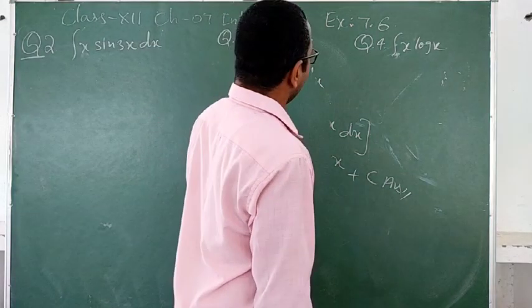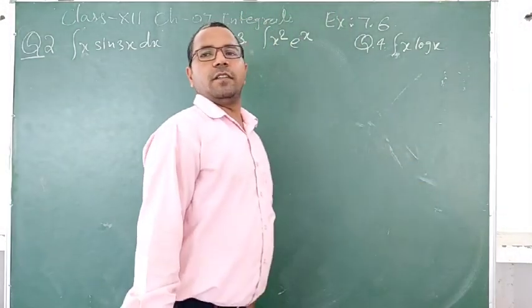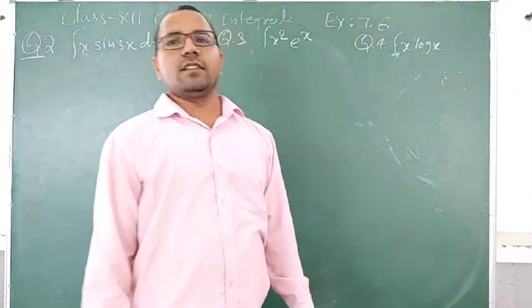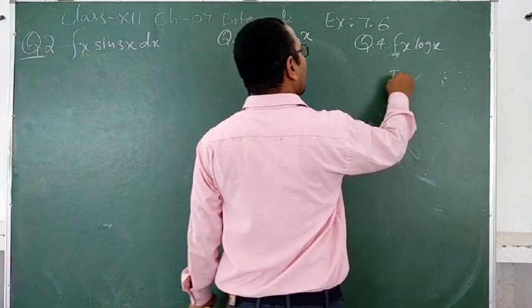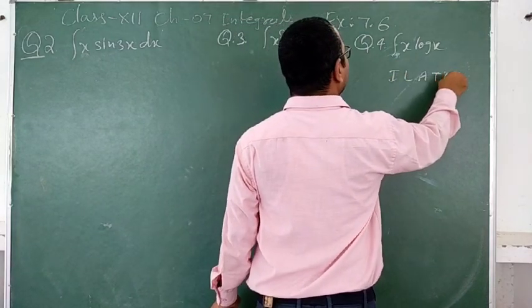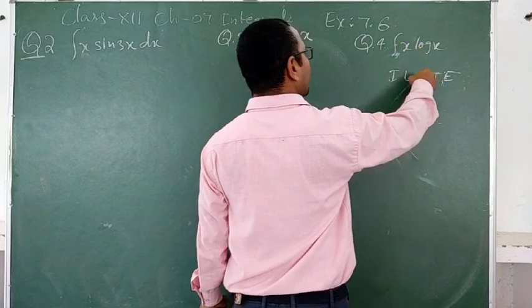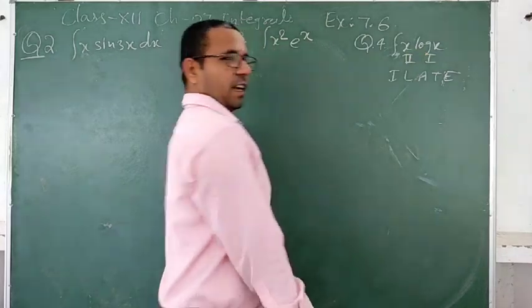So now let's see question number 4. Question number 4 is given here. Which one will be the first function? We are getting x and log x. So just recall ILATE: I-L-A-T-E. So log comes first, algebra comes after that. So this one will be the first function and this one will be the second function.